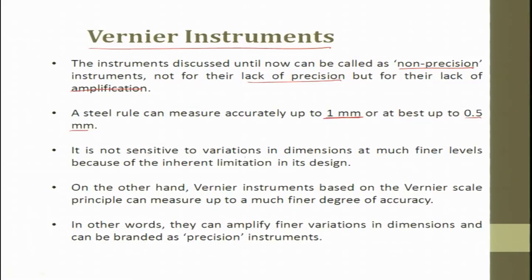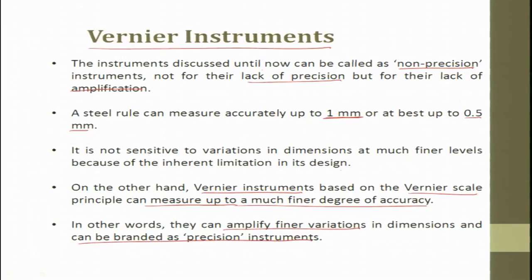It is not sensitive to variation in dimensions at much finer levels because of the inherent limitation in the design. On the other hand, vernier instruments based on vernier scale principle can measure up to a much finer degree of accuracy. In other words, they can amplify finer variation in dimensions and can be branded as precision instruments.